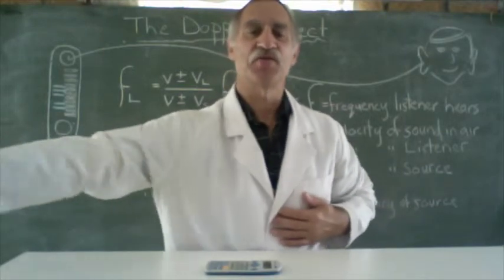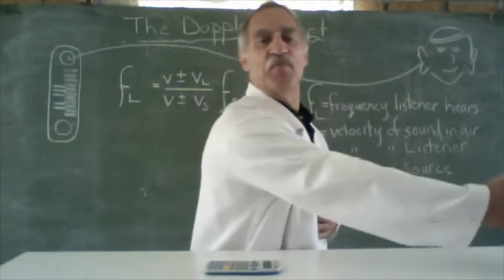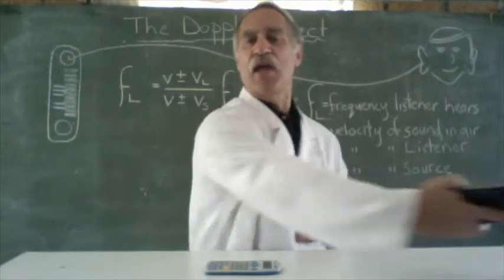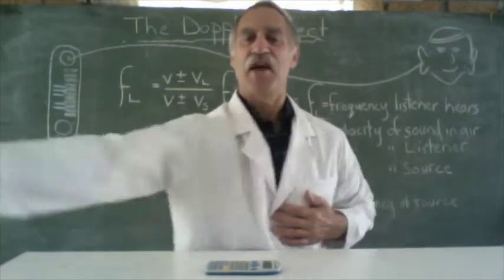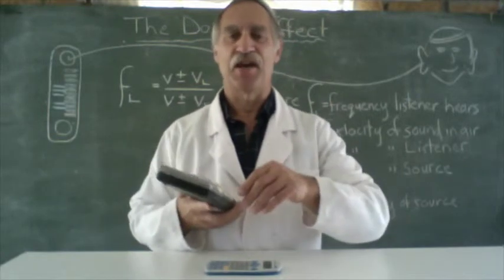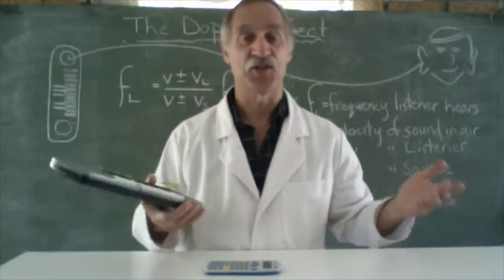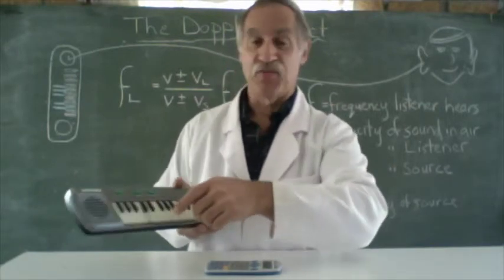And what I'm trying to do is move this at 1 meter a second, and 1, and 2, and 3, and 4, and 5, and 6, and we're going to hear the changes of the frequency, and then we're going to try and calculate what the actual change of this note of middle C is.